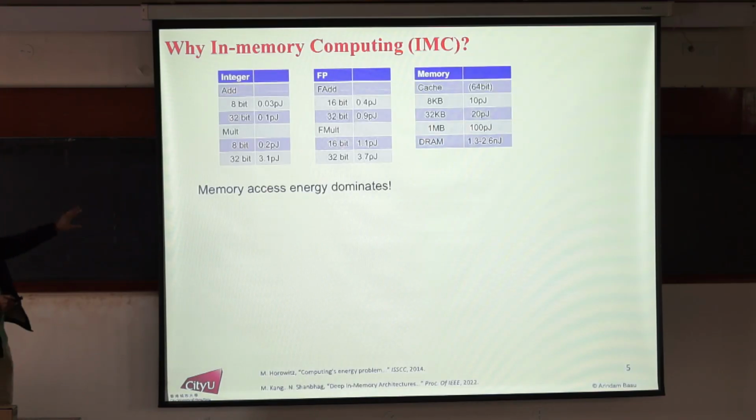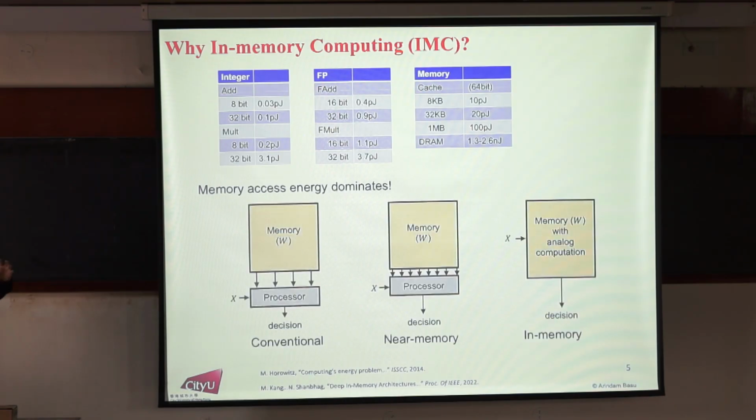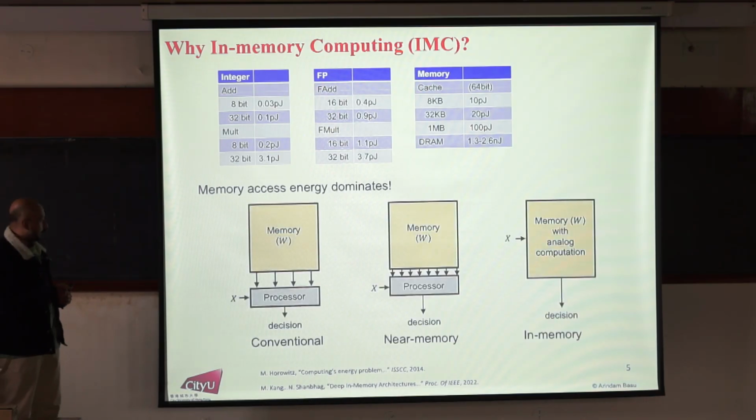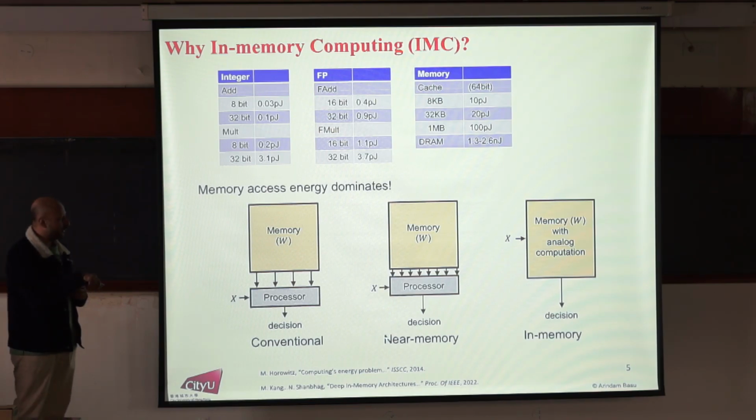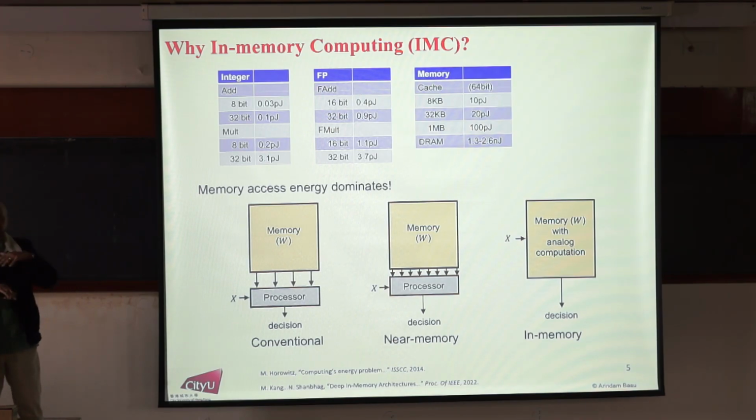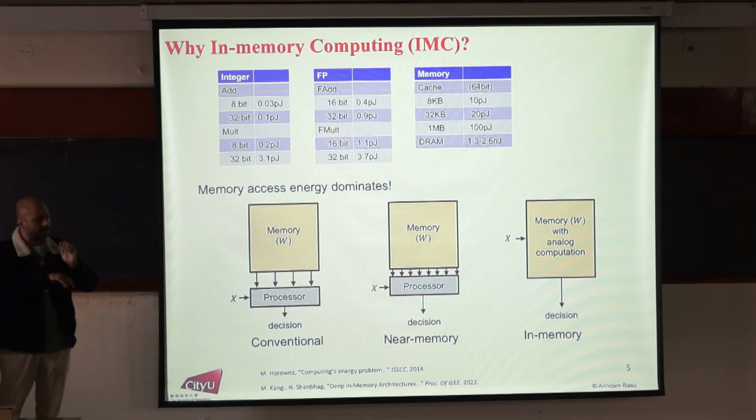So if I come back to this slide about the memory access energy, and then I motivate, conventionally what we used to do is we would take data from memory, process, get an output and write back to memory. Right? That's the conventional one. We showed you that's a bottleneck. So that's why a lot of people try to move towards something called near memory computing, where they try to put the memory close to the processor, have high bandwidth connections on top of the processor and so on.